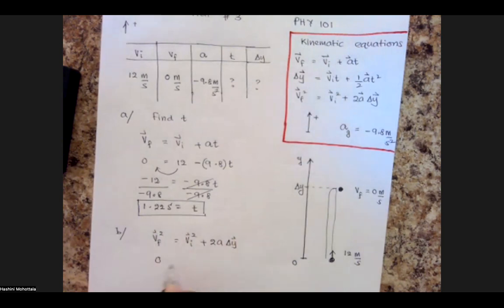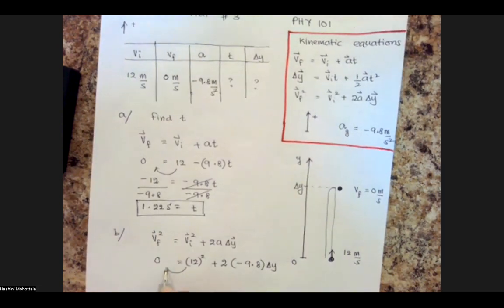V final is 0, and I'm very happy when I see a 0 anywhere, when we have a 0 velocity. That's a reason to be happy. And then V initial is 12. Don't forget to square that. And then here you have 2 times, don't forget the negative sign, negative 9.8 times delta y.